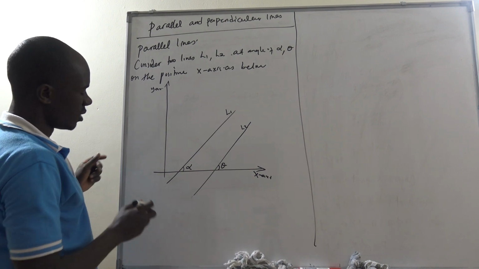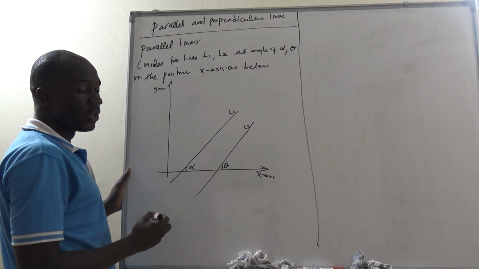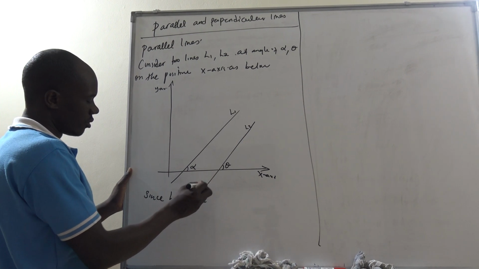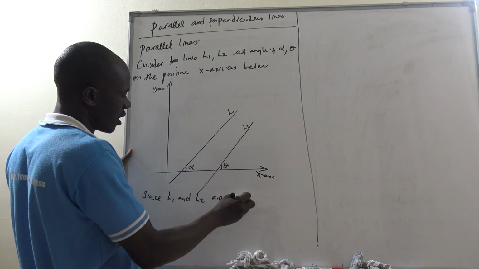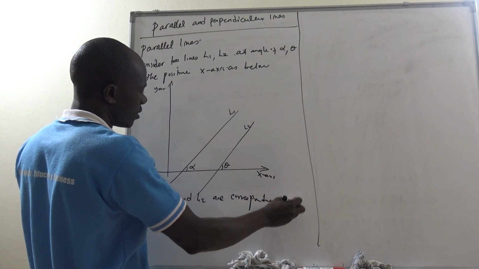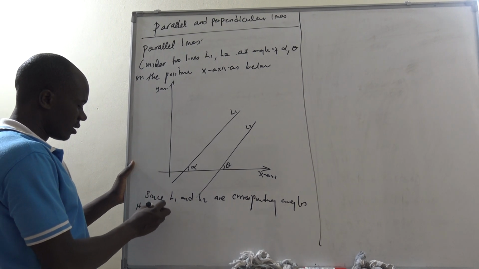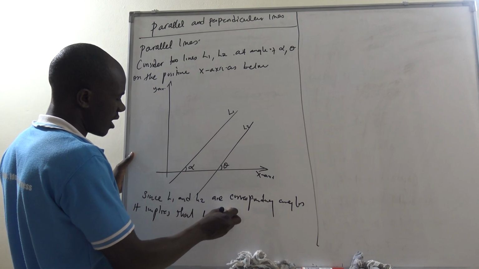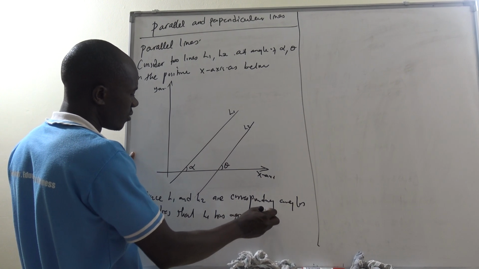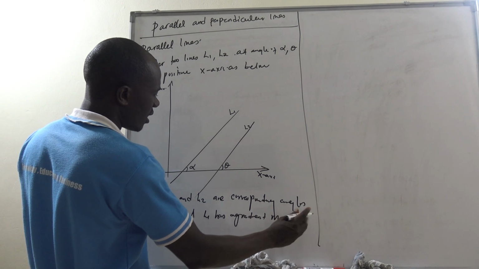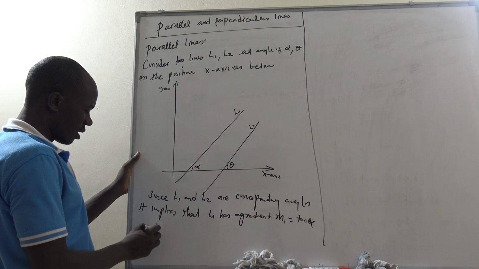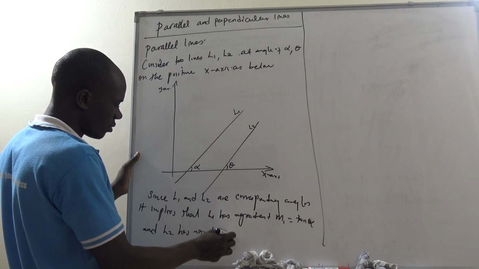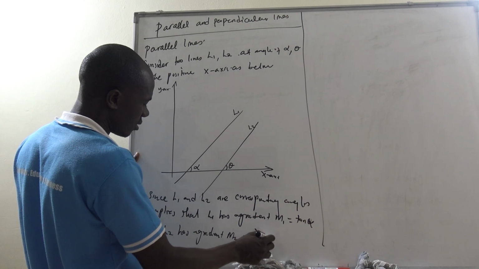L1 and L2 are corresponding angles. It implies that L1 has a gradient M1, which is equal to tan alpha, and L2 has a gradient M2, which is equal to tan theta.